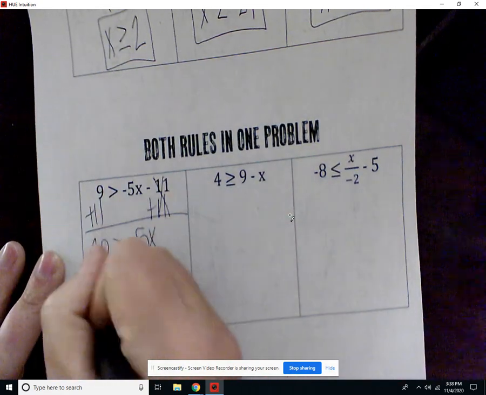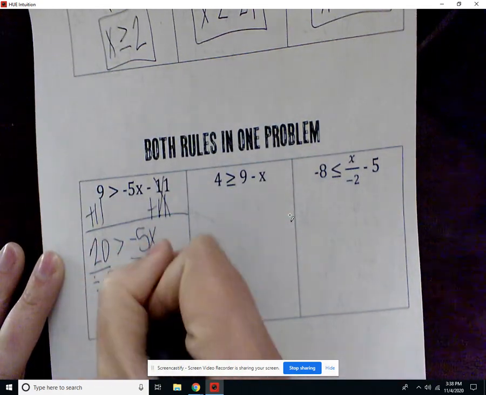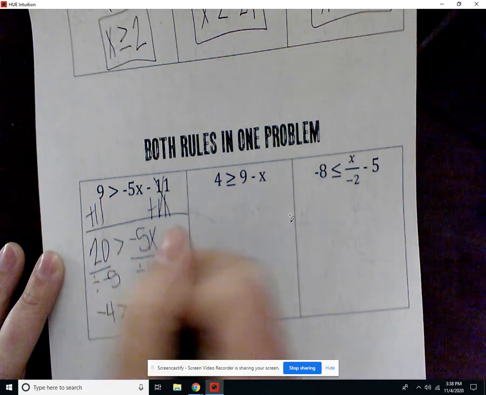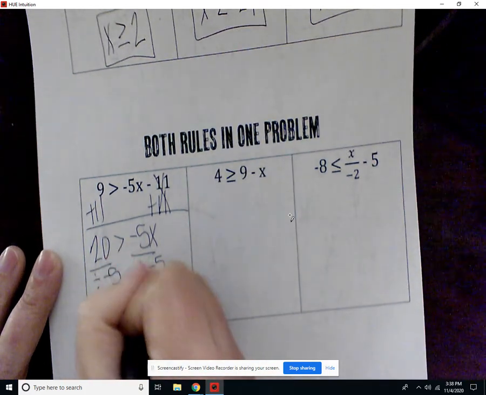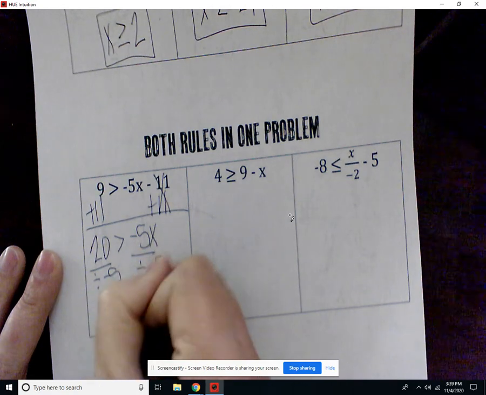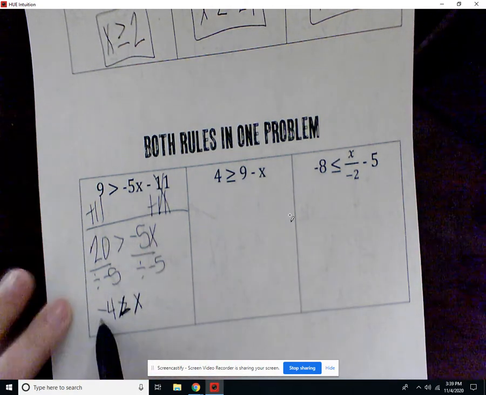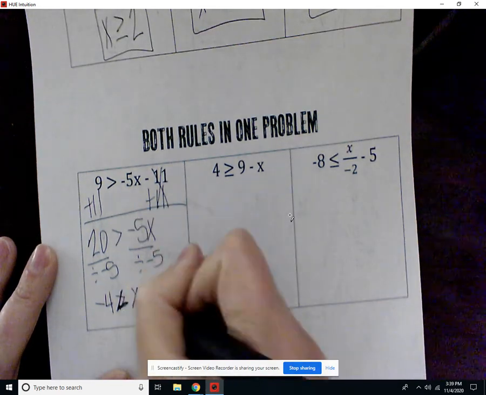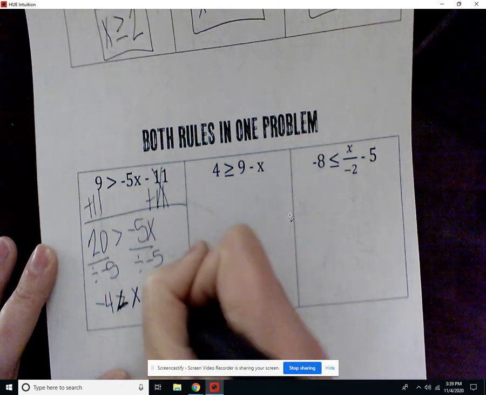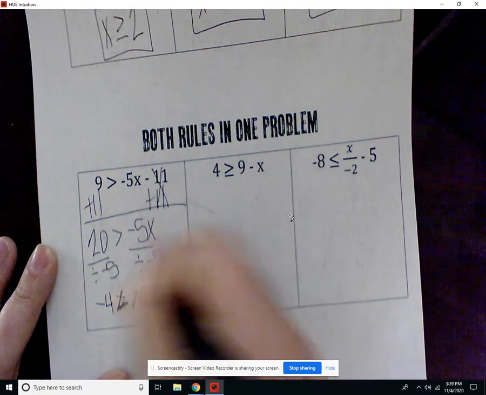So 20 divided by negative 5 is negative 4. Our arrow, and oops, on this one I forgot, we've got to flip our arrow. So our arrow is going to be facing the left side. So we have negative 4 less than x. So if we rewrite it, it actually goes back to the way it was facing. So x greater than negative 4.